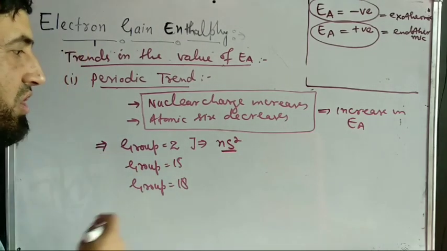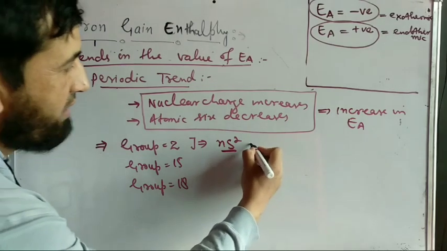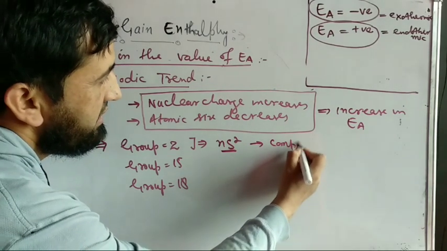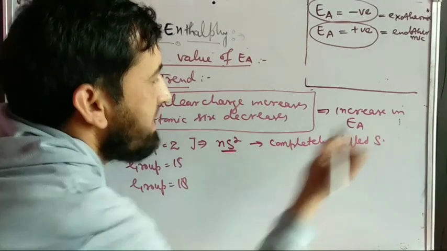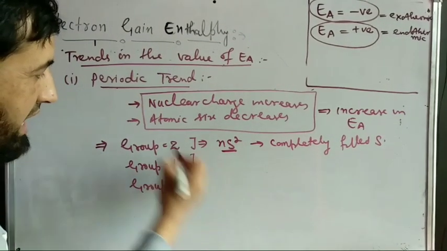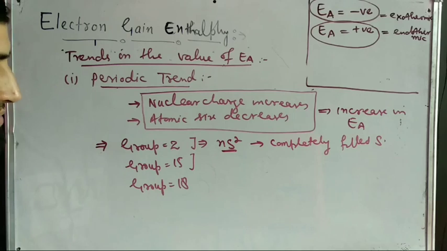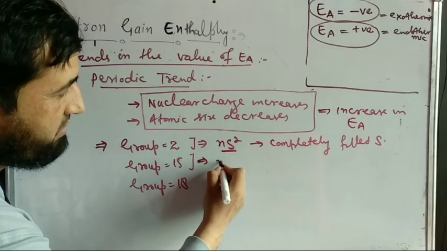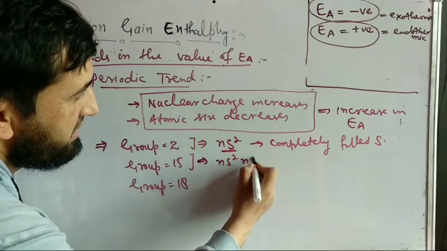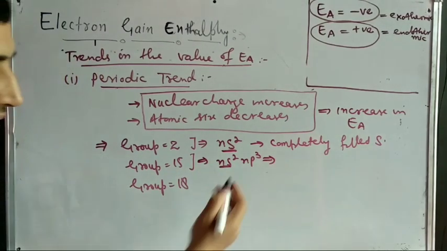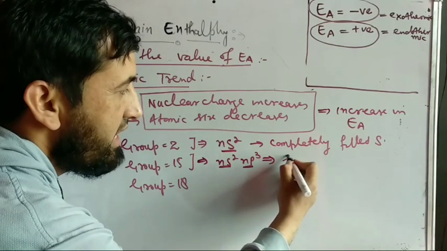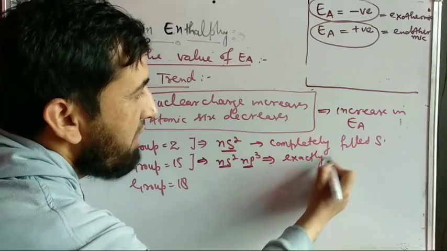That means they have a completely filled s subshell. Whereas all the elements of group 15, that is nitrogen, phosphorus, arsenic, antimony and bismuth, have the valence electronic configuration of ns2 np3. That means their s subshell is completely filled and the p subshell is exactly half filled.